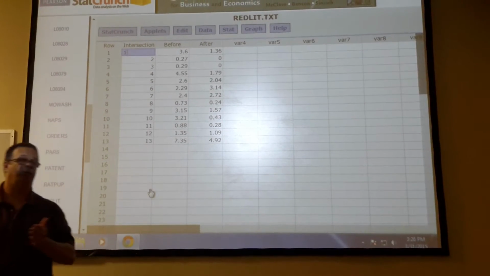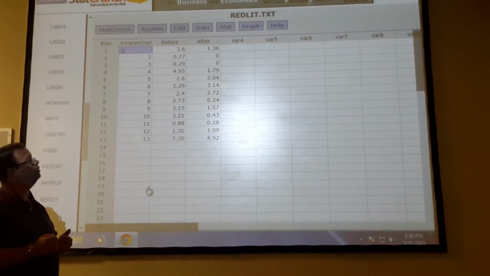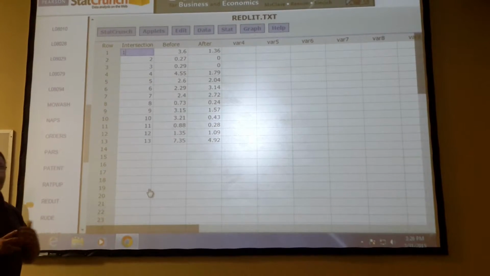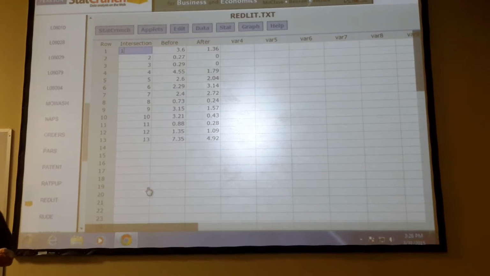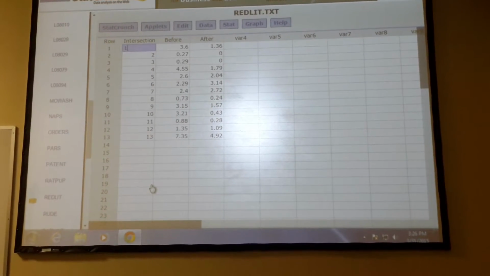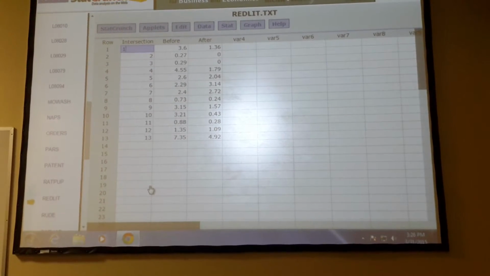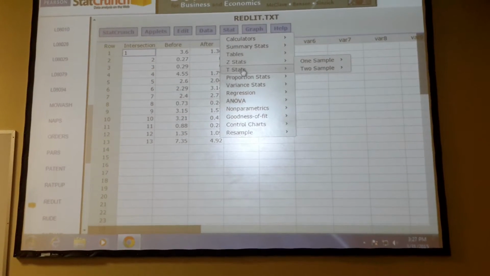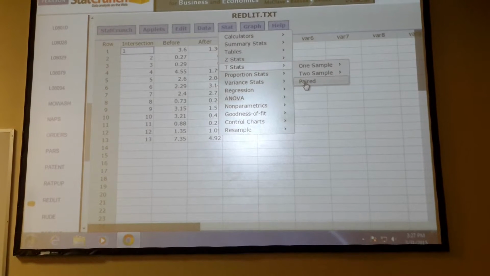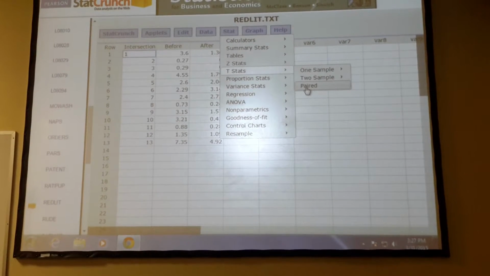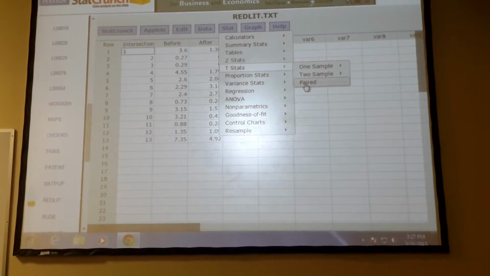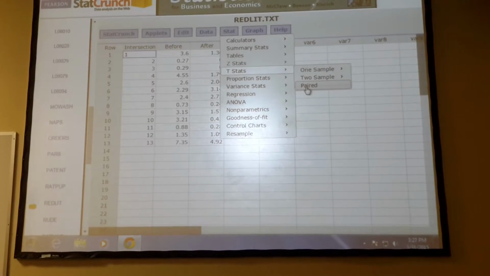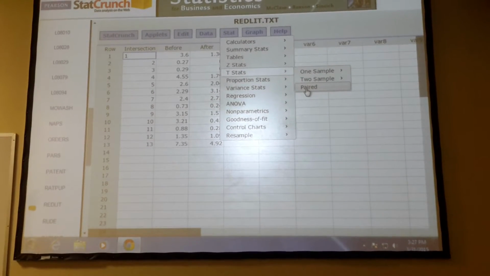We have a before measurement and an after measurement for each intersection. So that is a paired sample. We have a pair of observations for each of our subjects. So we'll go to stat, t-stats, and paired. In fact, whenever we have a paired sample, we have to go to t-stats even if we have more than 30 observations in each group.